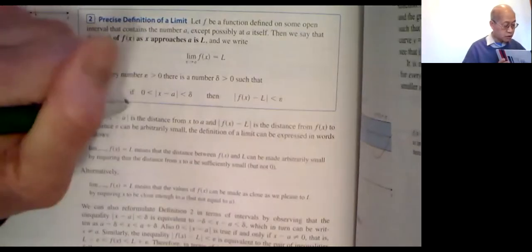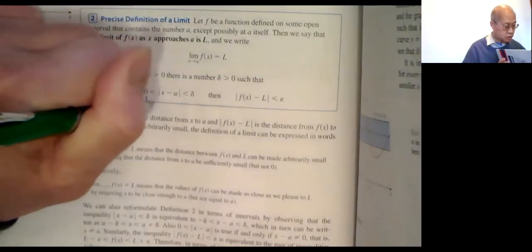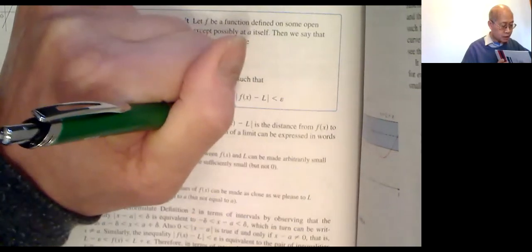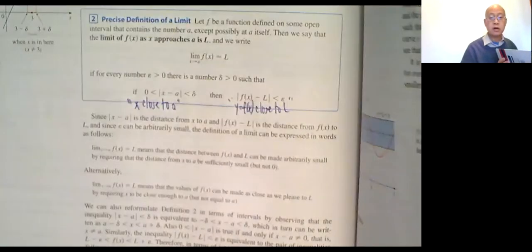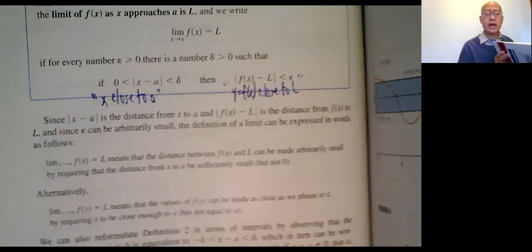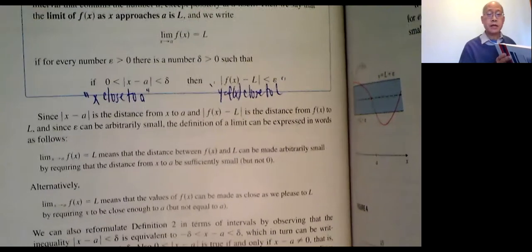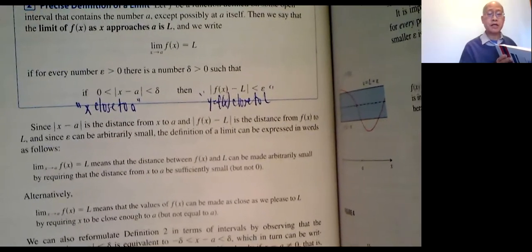In fact, I'll write it in my book since I know it. So x is close to a, and this is y equals f of x close to L. So x is close to a, that 0 less than absolute value of x minus a less than delta.